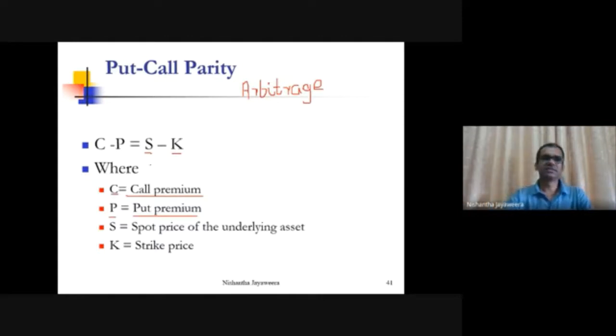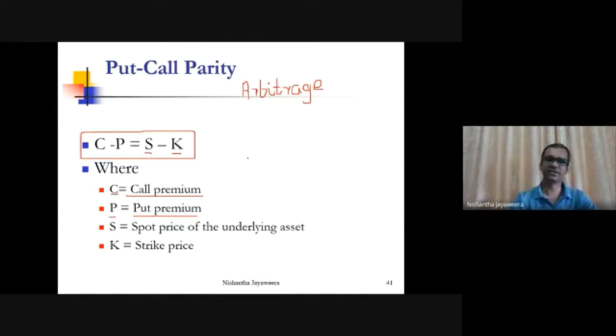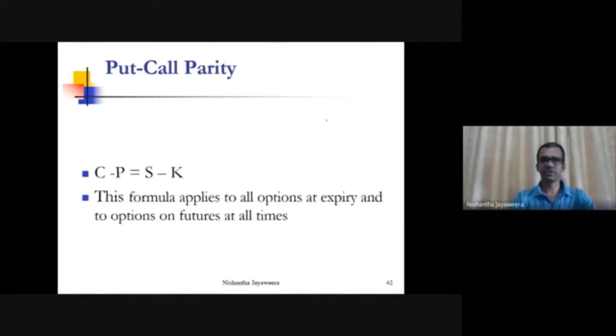So this relationship we call put call parity, but this is not the exact relationship when we discuss put call parity. Just to start, we'll start with this, and I'll show you later what the exact relationship is. So indeed this holds only at the expiry.